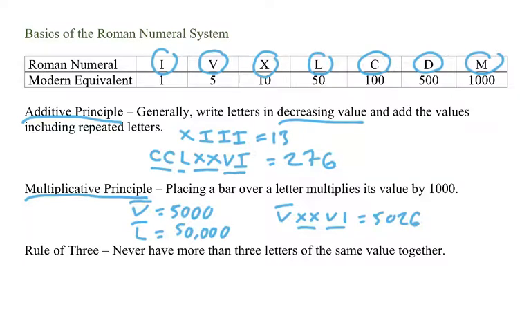Now, here is a very unique feature of the Roman numeral system. We're going to call this the rule of three. You can never have more than 3 letters of the same value together. So this is very interesting.